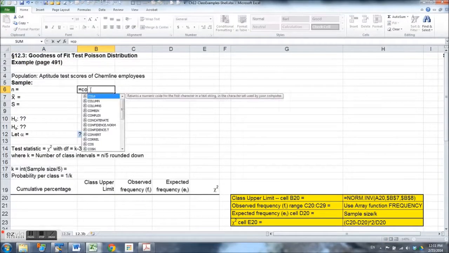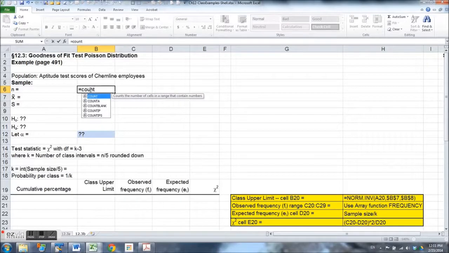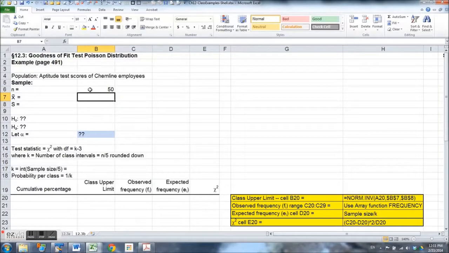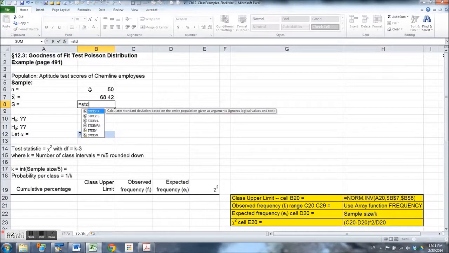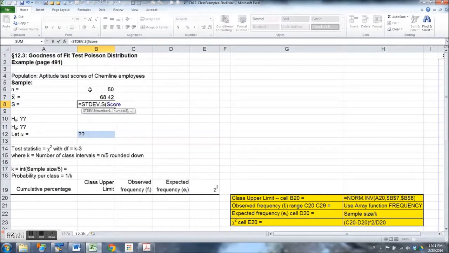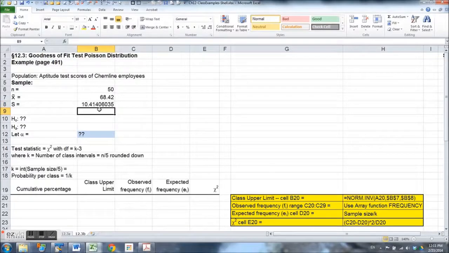So the sample size is count of score, x bar is average of score, and stdev.s of score is our standard deviation.